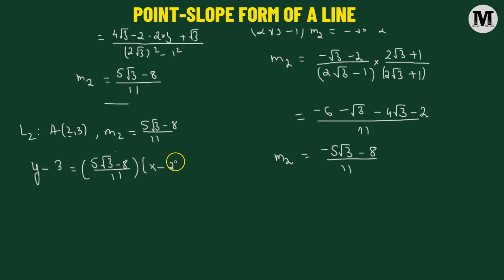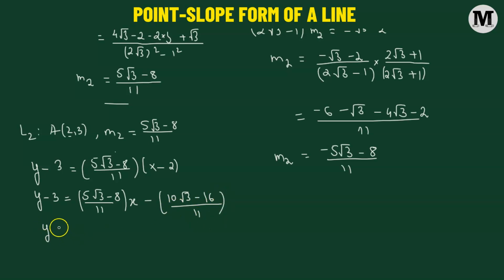So x1 will be 2. Okay, so let's simplify this. We get y minus 3 equals 5 times square root of 3 minus 8 over 11 whole multiplied to x minus, so we have 2 multiplied to 5 times square root of 3, that's 10 times square root of 3, minus 2 times 8, that's going to be 16, divided by 11.